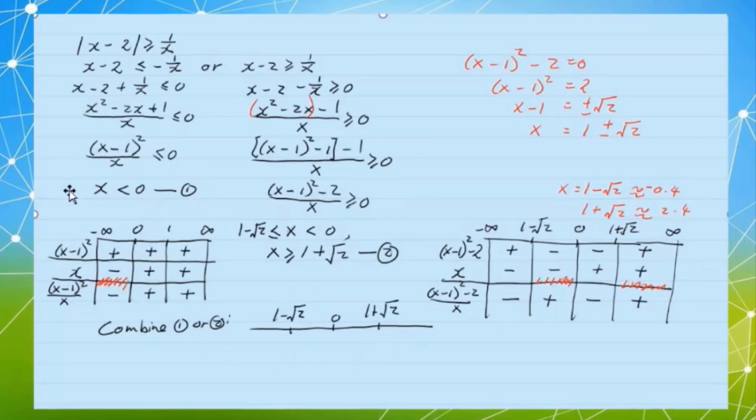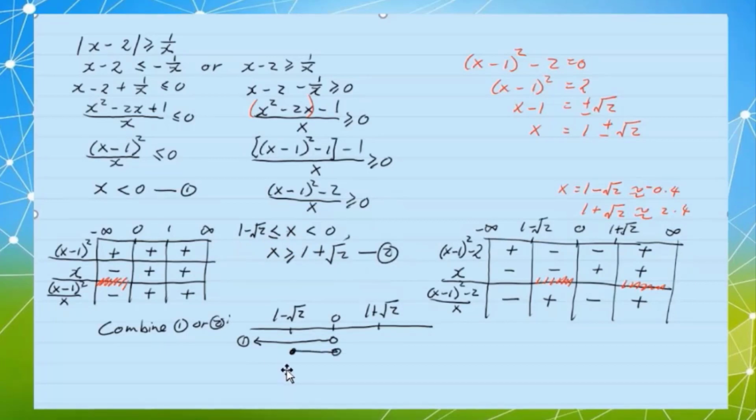So from the first set of values of x, when x is less than 0, not included 0, it is number 1. Then number 2, x is from 1 minus square root of 2 up to 0, and x is greater than 1 plus square root of 2.